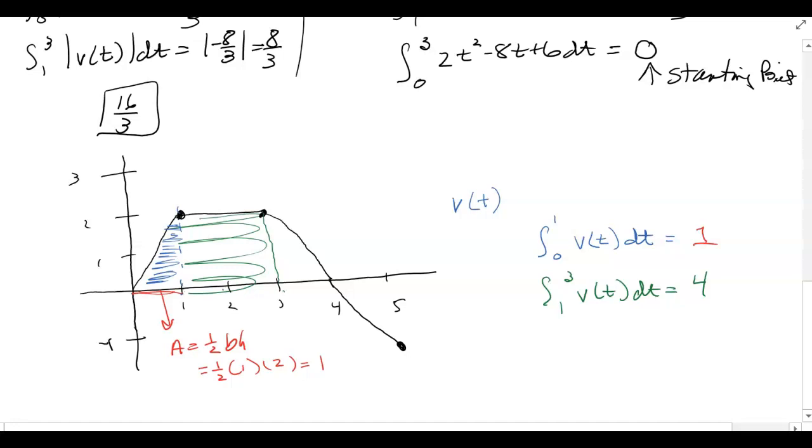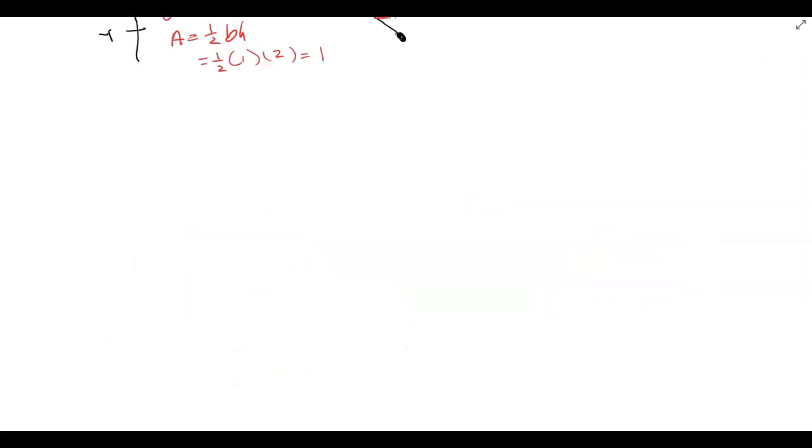So you can go on and finish this problem and find total distance. Just keep in mind when you do this one, you are talking about a negative area, where this one would be positive. And then you can find total distance and displacement as well. Now, we can also use what we know about the relationships that were given prior to talk about the future value of a function.